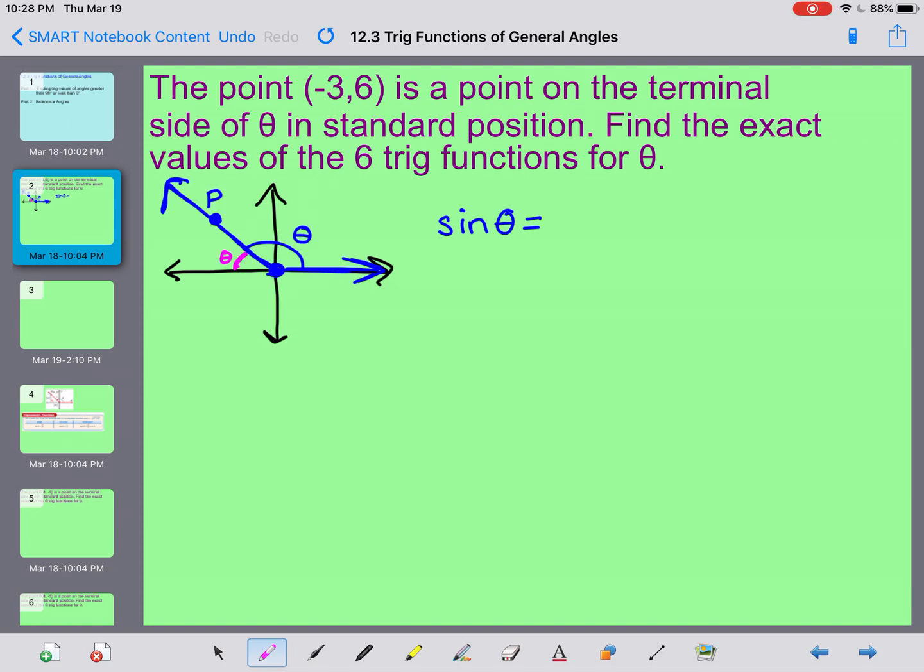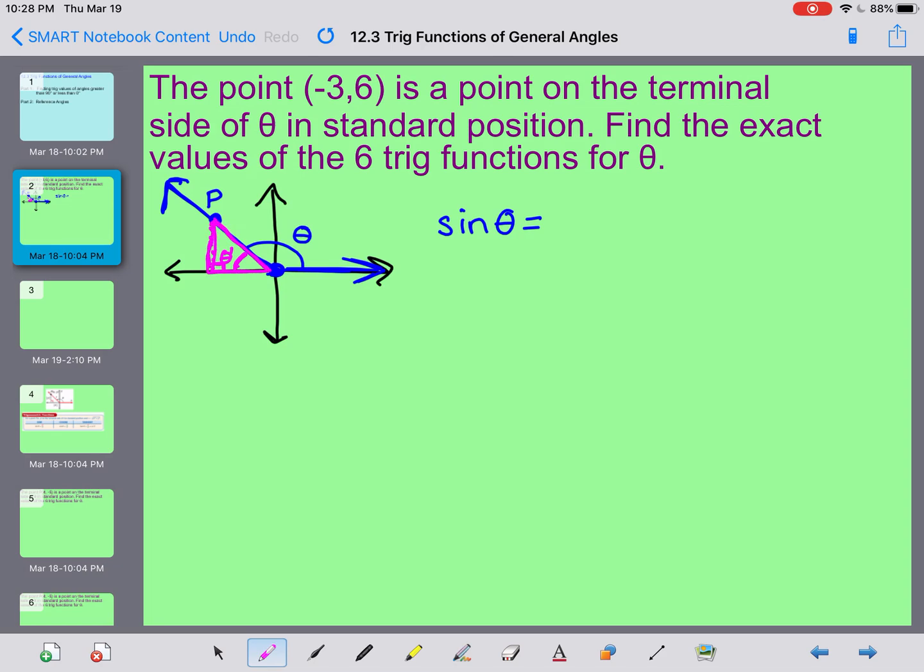We call it theta prime, and that's the reference angle. Okay, we're going to spend more time on reference angles in the next part. But we're going to drop down from the P straight to the x-axis, and that's going to be our right angle. And so here we've created this right triangle.